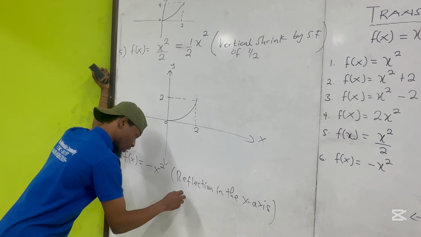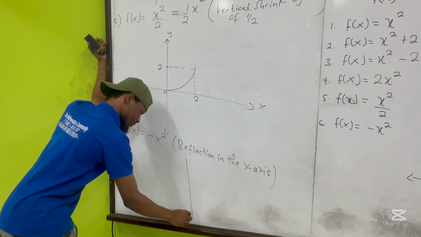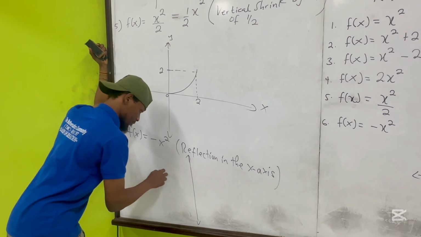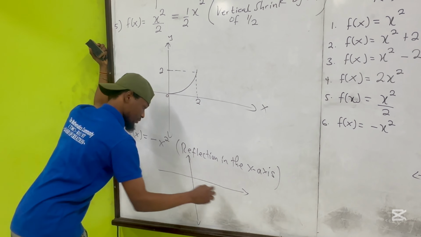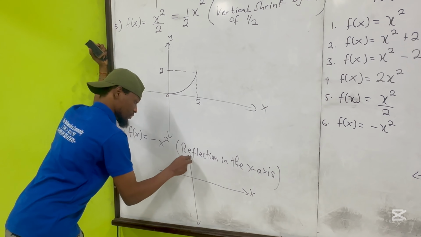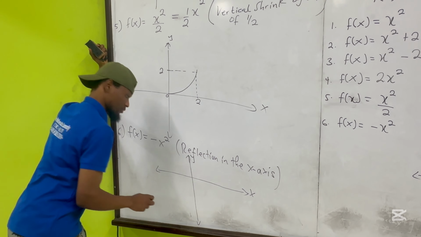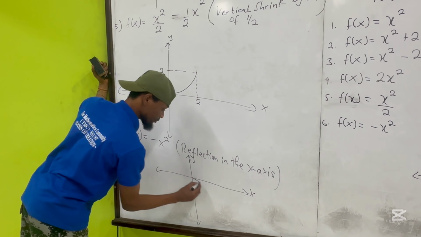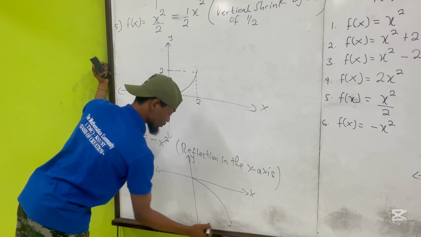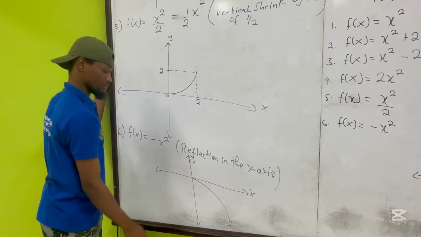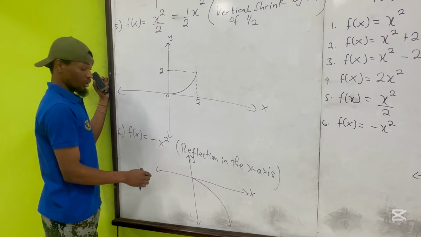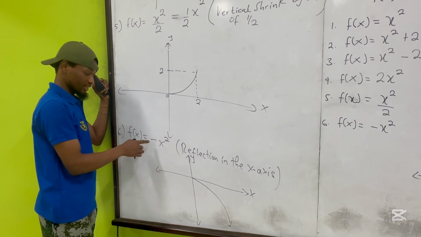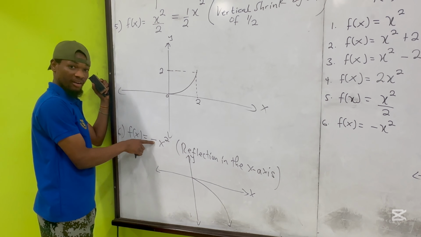Alright. So we have this. Then this side. Because it's reflection in the x-axis. See, there's a negative here, right?